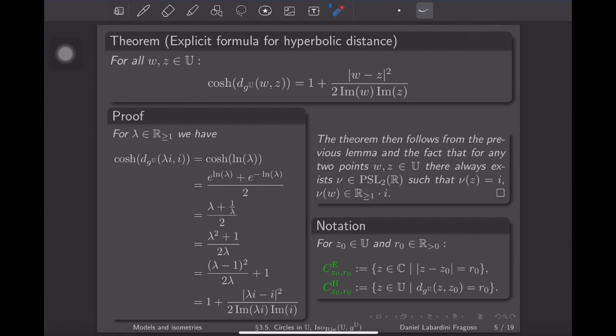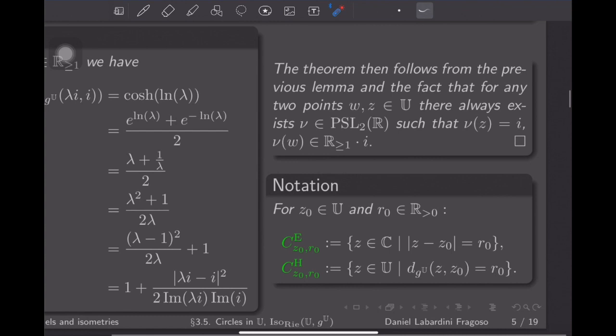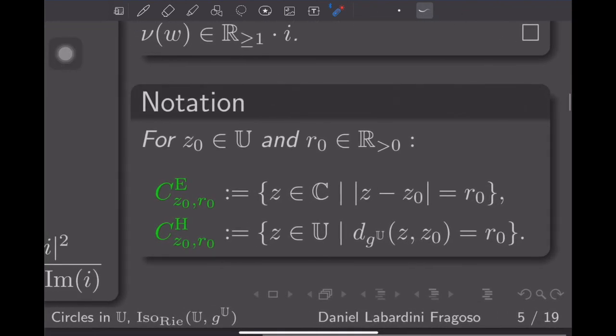Okay. Now, this is, I would say, a really nice formula. It's again hyperbolic cosine of distance. And I'm going to use this to describe the hyperbolic circles in U. To describe them, let me use this notation.